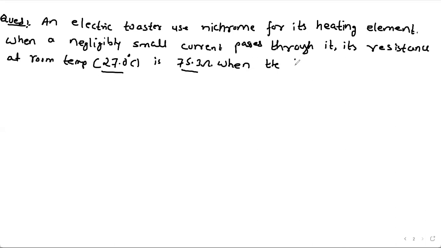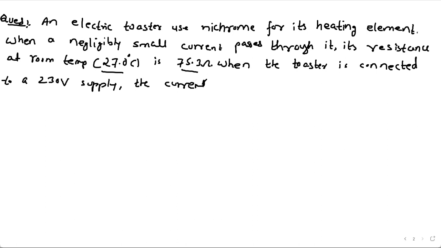When the toaster is connected to a 230 volt supply, the current settles to a steady value of 2.68 ampere.